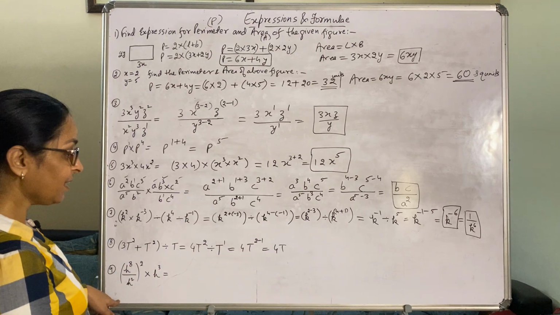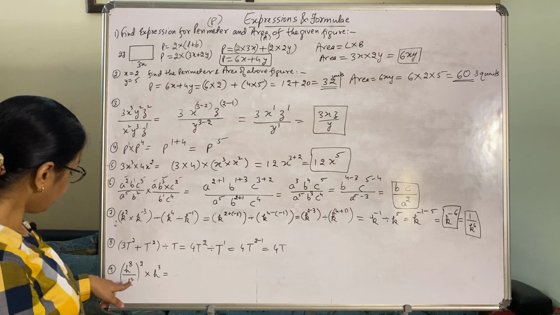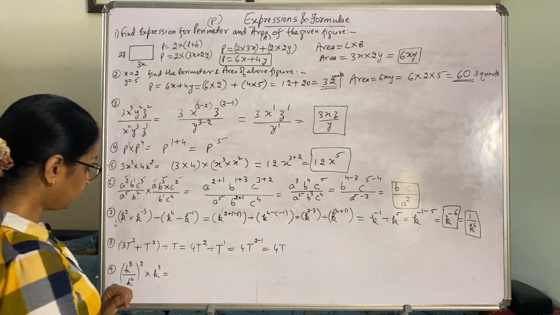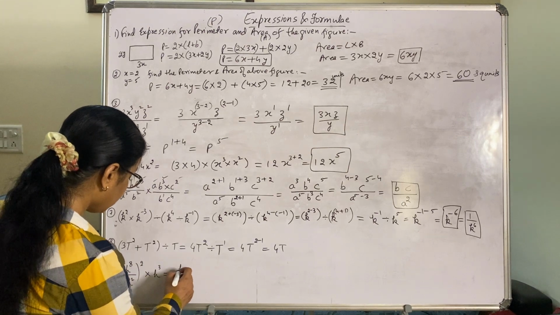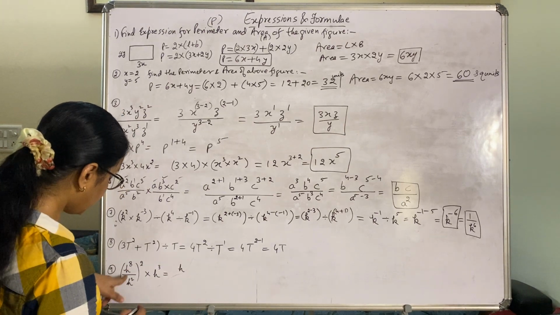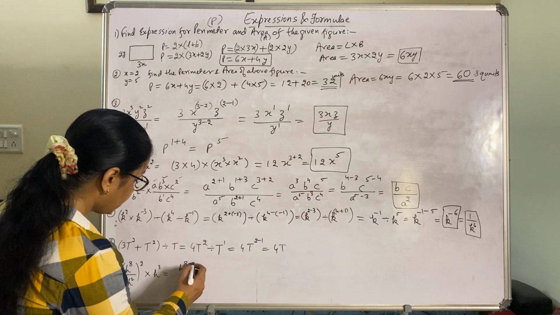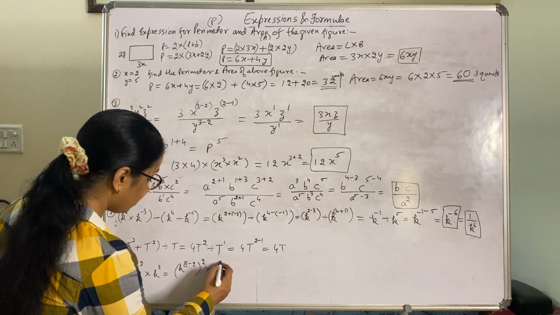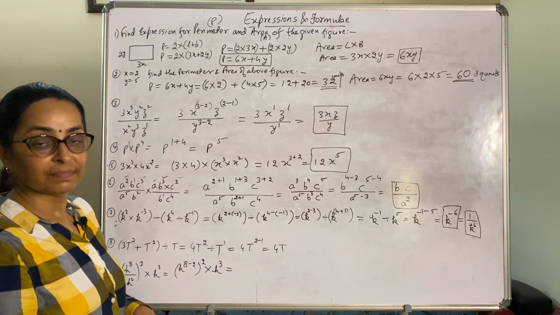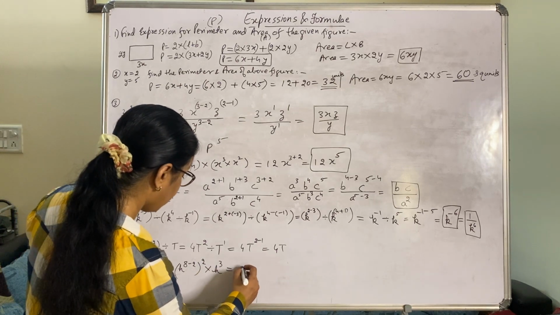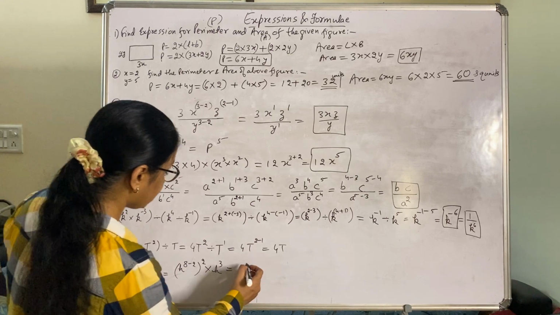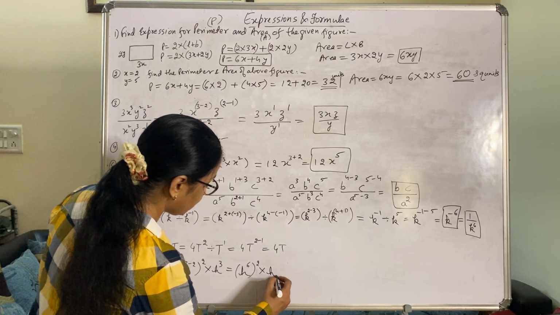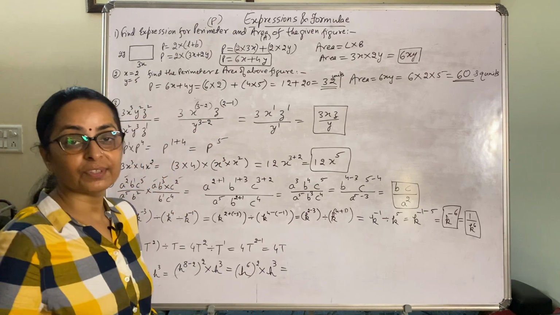Now here the last problem. h raised to 8 by h raised to 2 the whole square multiplied by h cube. So first what we will do, yes, it's division, so subtract, h raised to the power 2 times h raised to the power 3, which is what? 8 minus 2 is 6, raised to the power 2 times h raised to the power 3.